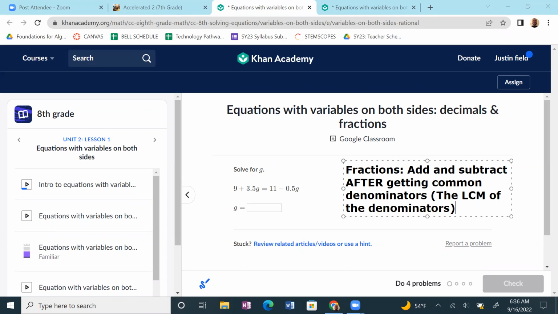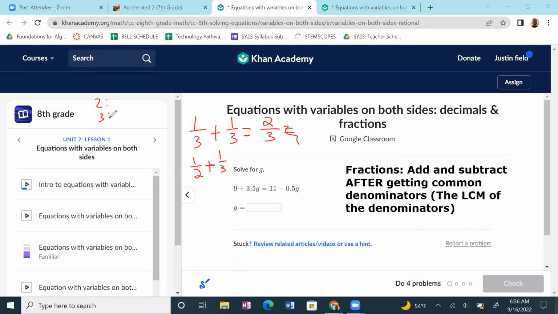So if you had 1/3 plus 1/3, well, you already have common denominators. That would be 2/3. But if you have 1/2 plus 1/3, then you have to find the least common multiple of 2 and 3, which we know would be 6.